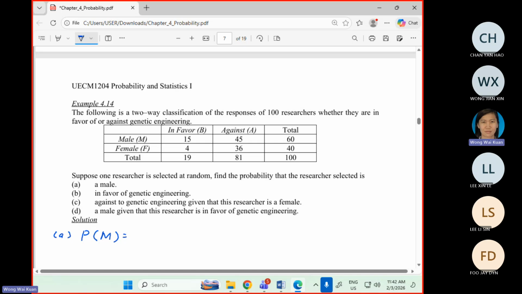So I have all together how many people? I have all together 100. Then out of 100, how many are male? 60, because this one is a male, this one is a male. So when I sum these two, I have 60. So therefore, this is 60.